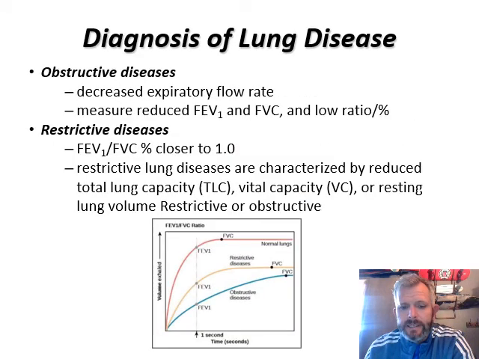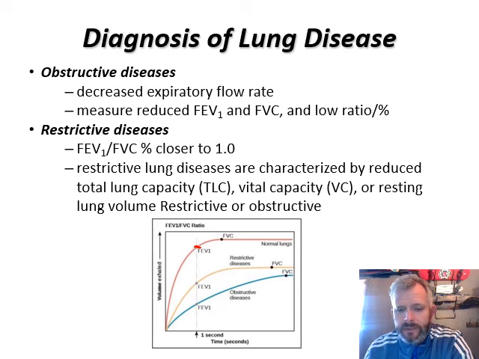Right, so looking at these, you can see a normal lung. Here's the volume exhaled. Here is the FEV1. And you can see this is roughly between 70 and 80% of what the total volume, the FVC, would be.